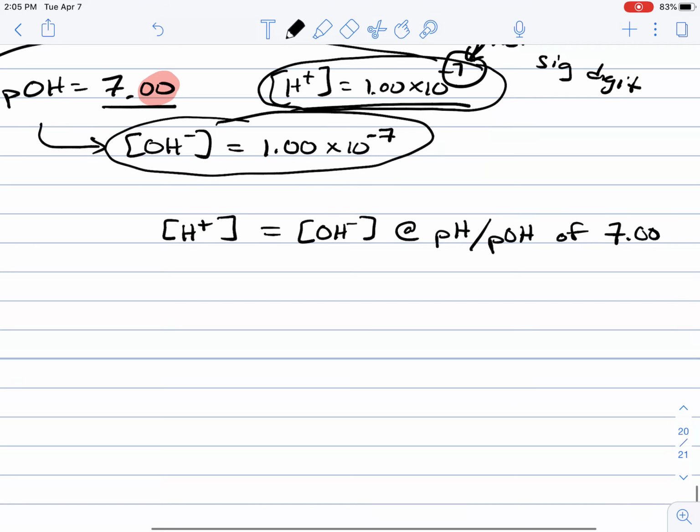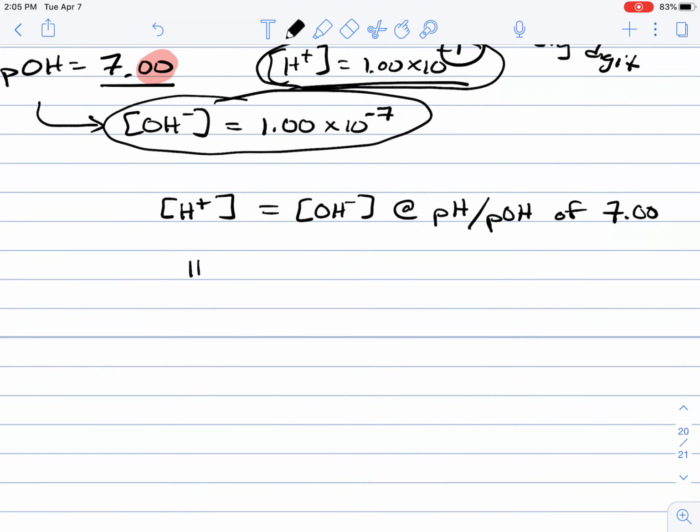And since they're equal to each other, in a chemical reaction, H plus and OH minus together produce water. So in other words, if we have equal parts of hydrogen to equal parts of hydroxide ion, neither chemical species is dominating, and both of them are going to equally neutralize each other to produce water.